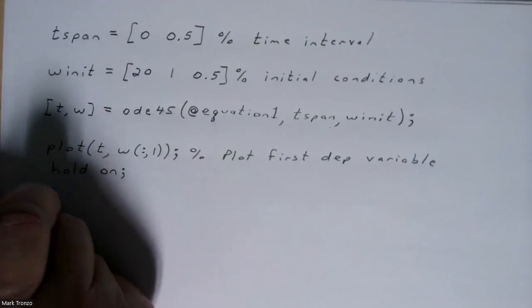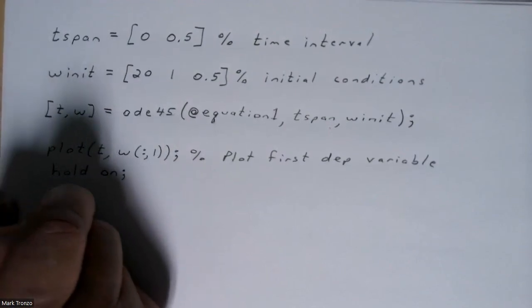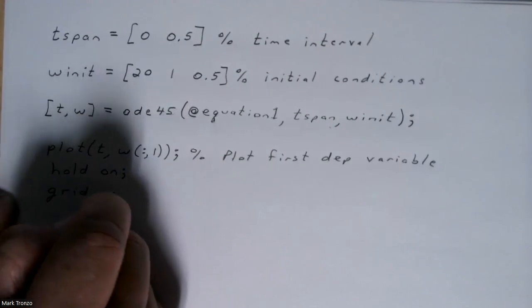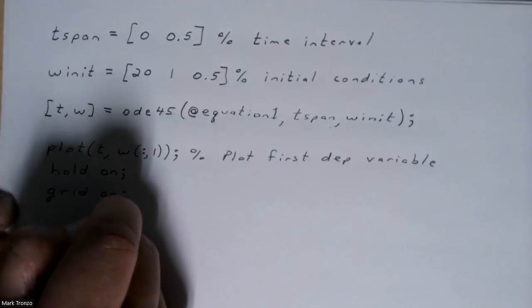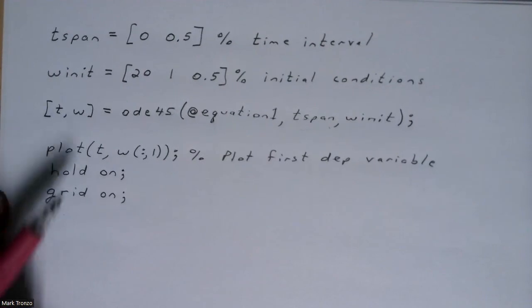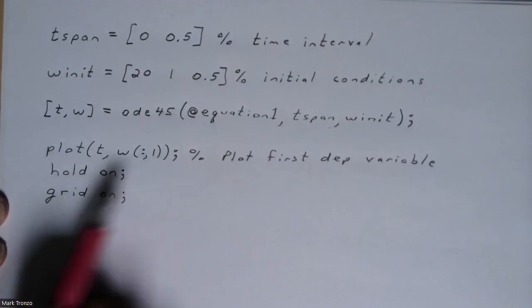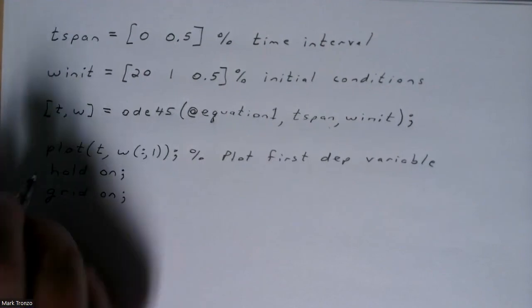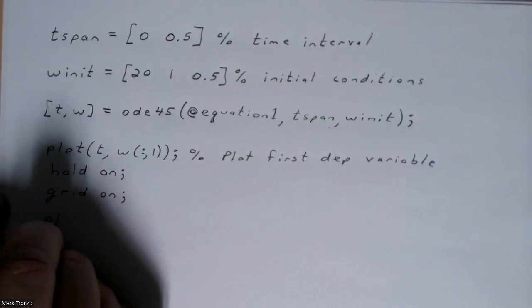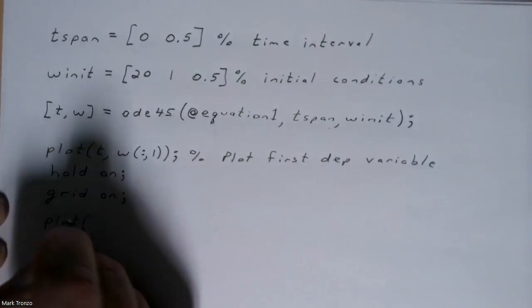And I like to have a grid. You don't have to put a grid on, but you're going to need to hold on because when it draws the other curve, it will automatically erase this unless you put the hold on. So let me plot the other ones.